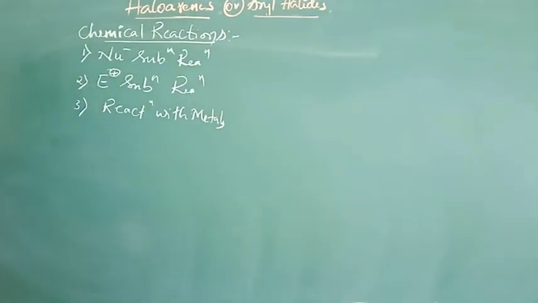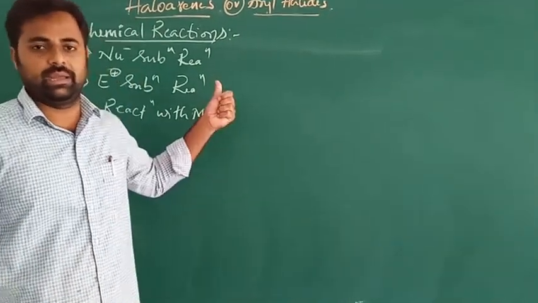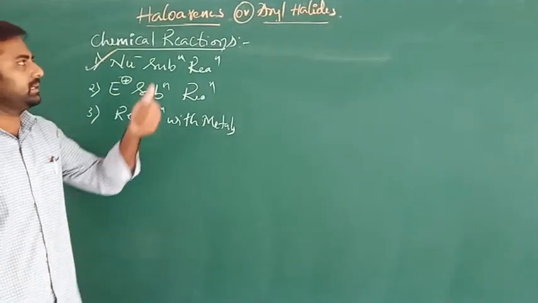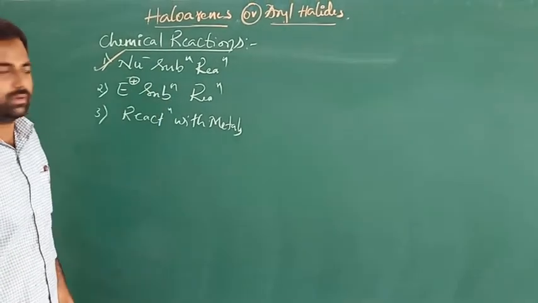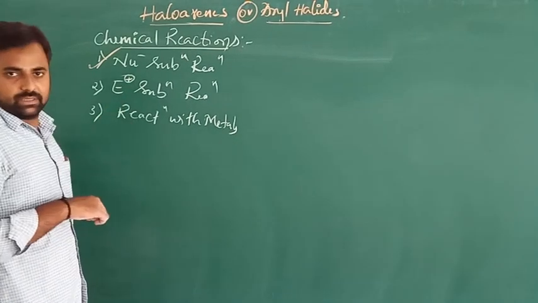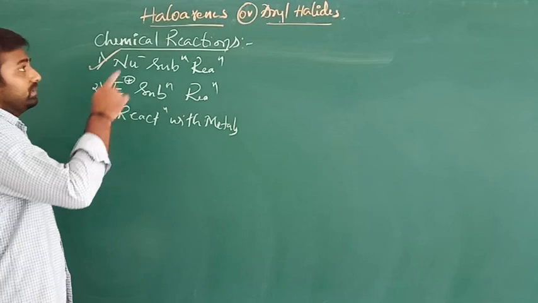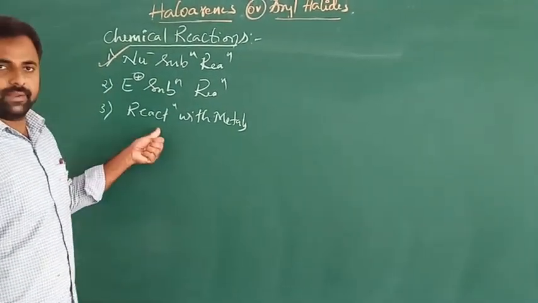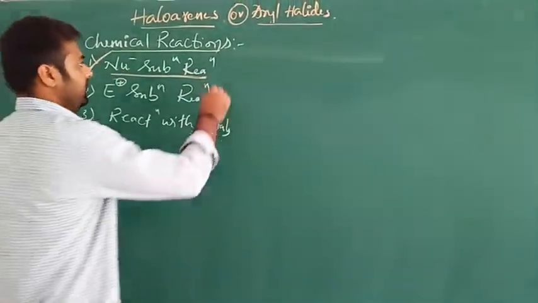These are the main chemical reactions in which halogen containing organic compounds are involved. We'll study how aryl halides undergo nucleophilic substitution reaction, how they enter into electrophilic substitution reaction, and finally how aryl halides react with metals and give which type of product. We'll see later. Let's start with the first one, nucleophilic substitution reaction.